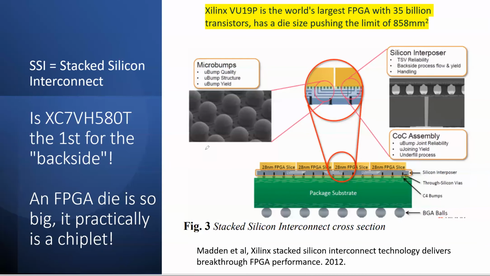They call their IP stacked silicon interconnect. And they started using this silicon interposer a long time ago, 2012. They already did it, much earlier than what the other guys are doing right now, because they have to.